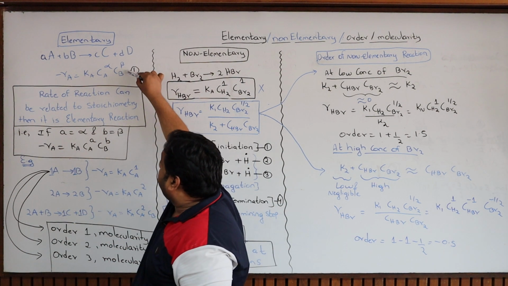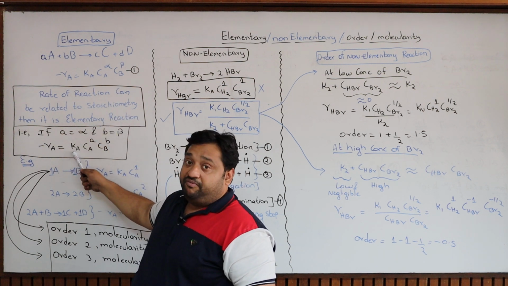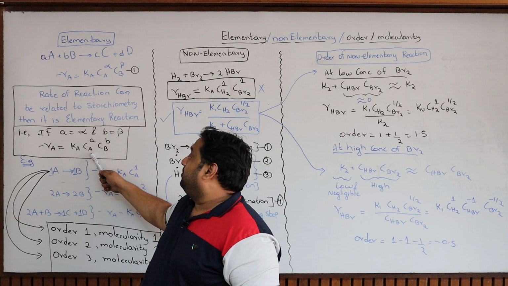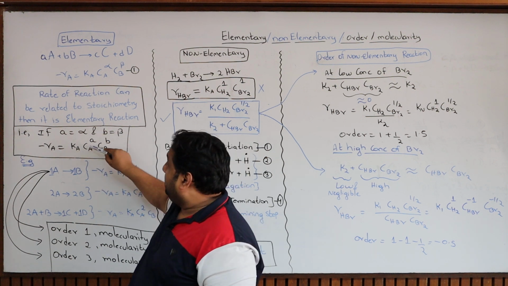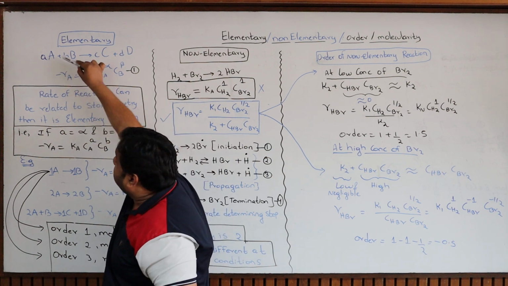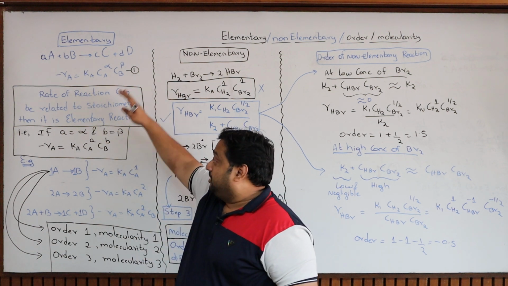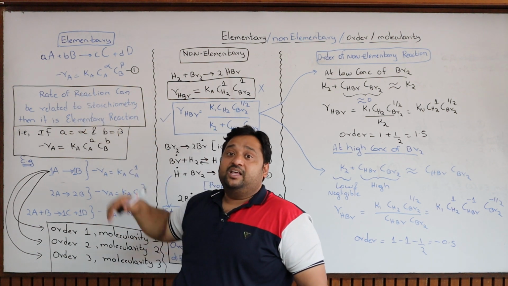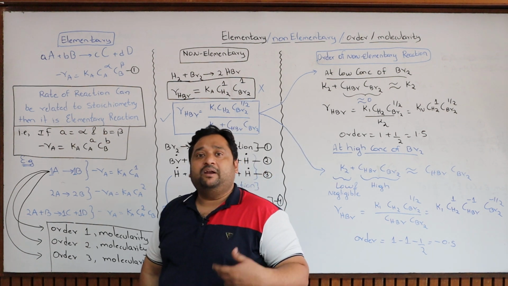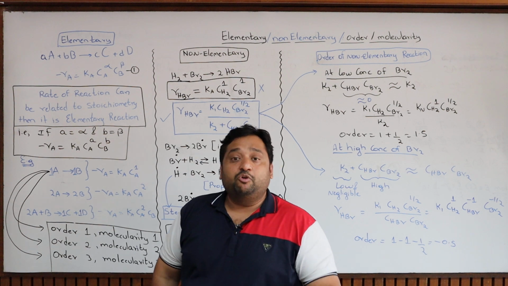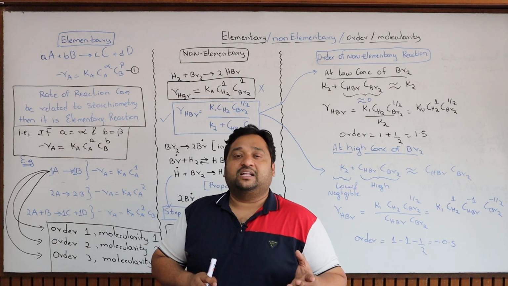That means I can represent this equation as minus rA is equal to the rate constant kA into concentration of A power a and concentration of B power b. You can see now it can be related to the stoichiometry of the reaction. Then I can say the reaction shown here is called an elementary reaction. Elementary reactions are simple to deal with. You can define order and molecularity of a reaction in a very concise way.